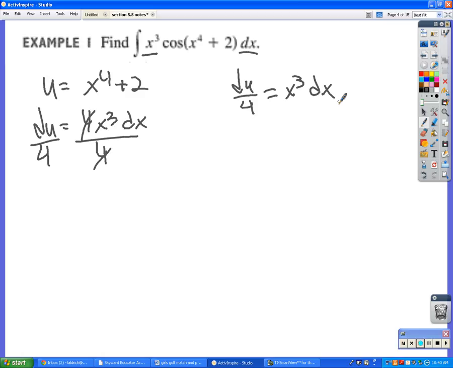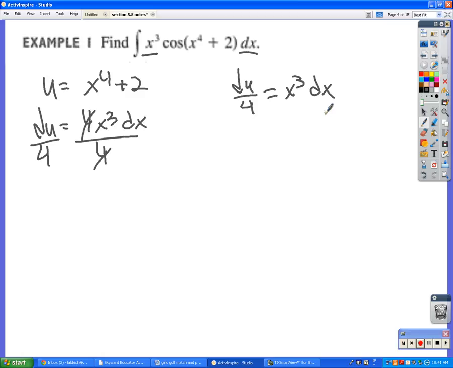No, because if I took the derivative of x to the 3rd, then I would get 3x squared, and there's no x squared in there for me to use for that. And your clue is, why did you talk about 4? Because what I have in my original problem is an x cubed dx. So I need to make this equal x cubed dx, okay?